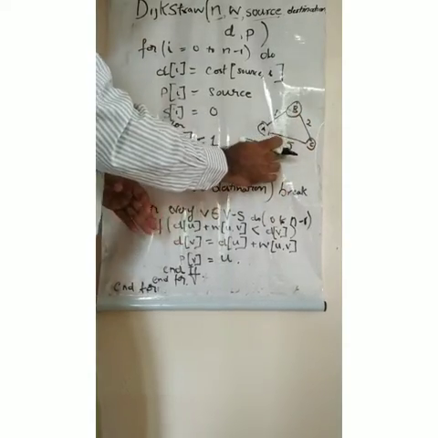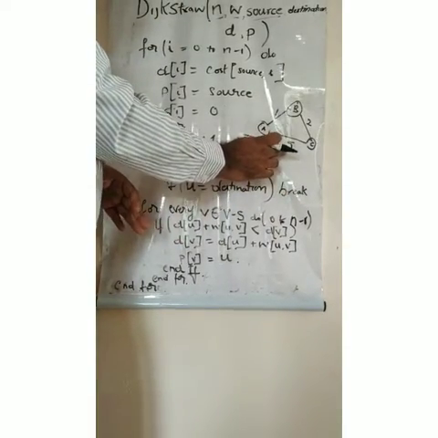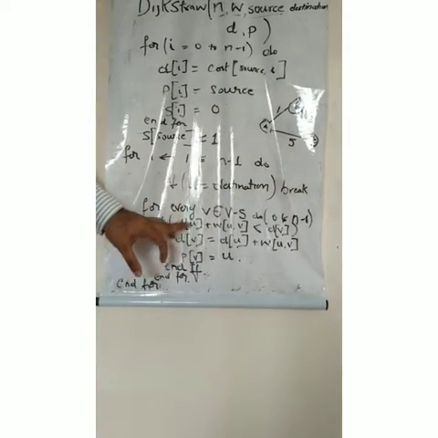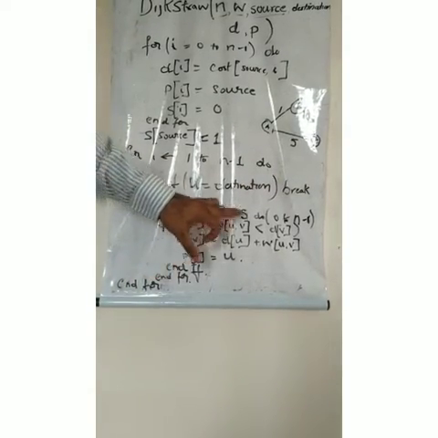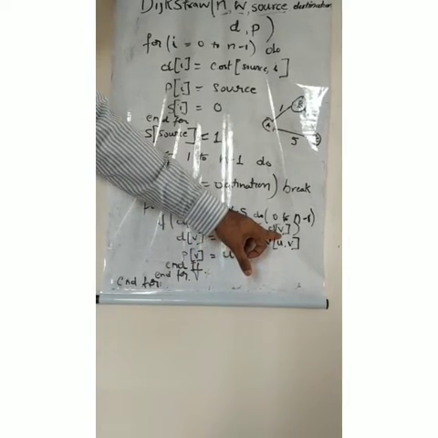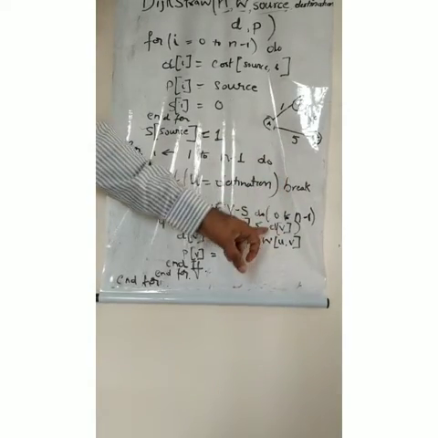This is shorter than the distance 5. So we have to consider u in such a way that it should be less than d of v, the distance. Let us take for example A to C is 5, so d of v is 5.